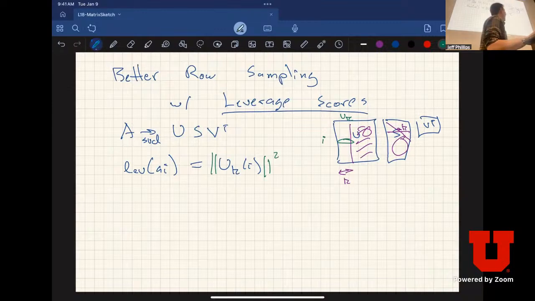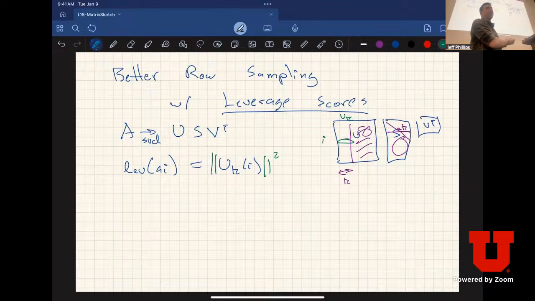What this is telling me is that I'm looking at a representative of the ith object in a k-dimensional space.